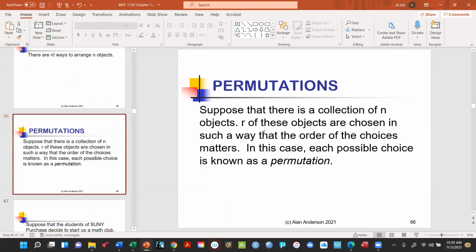Okay, so in other words, I'm picking objects from a larger collection of n in such a way that the order of the choices matters. When that happens, each choice is referred to as a permutation. You may have heard that word before, permutation, but this is the precise definition. When I select objects from a larger collection in such a way that the order matters, each selection is called a permutation.